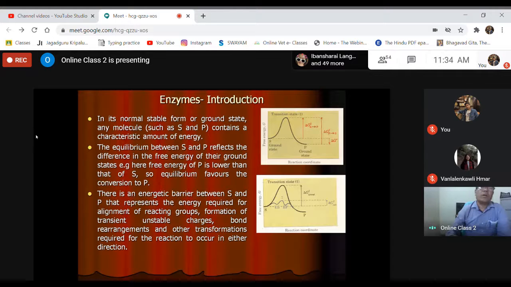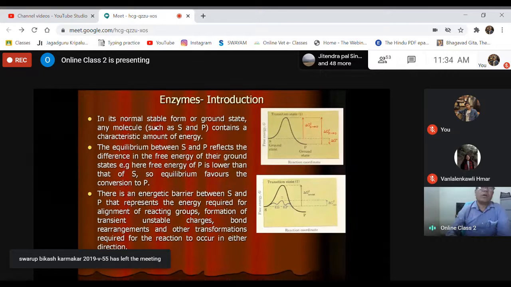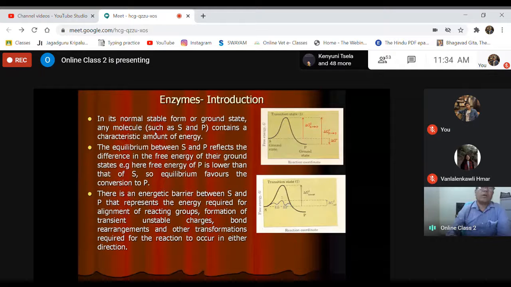Okay, so before we start about the enzyme in detail, we need to have a background. In its normal stable form, or the ground state, any molecule such as the S and P in this reaction.